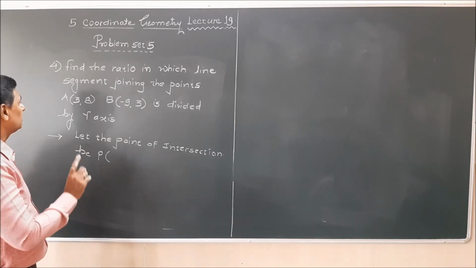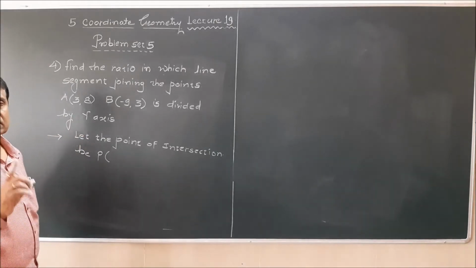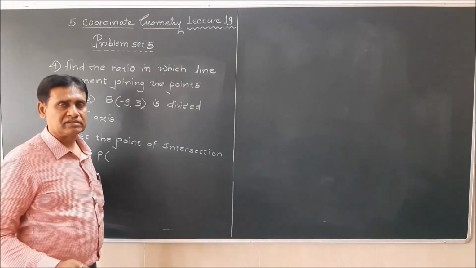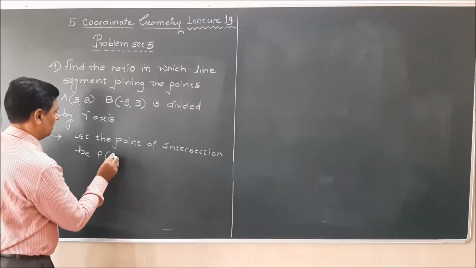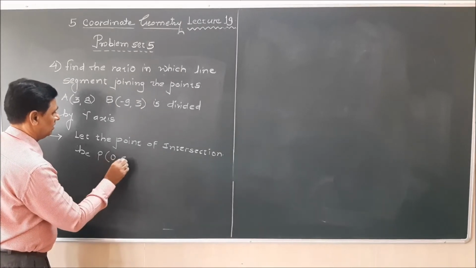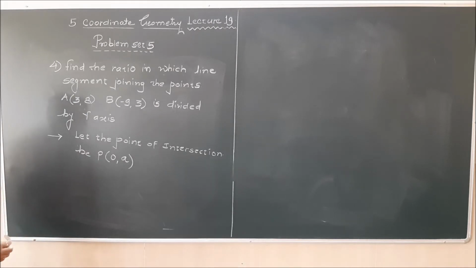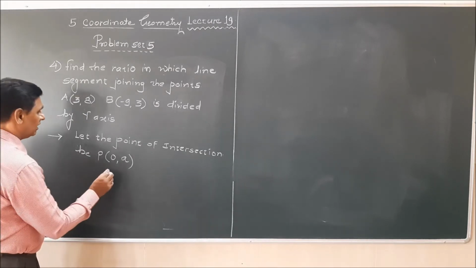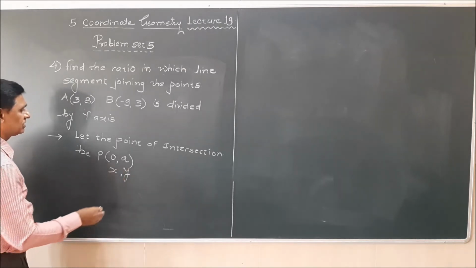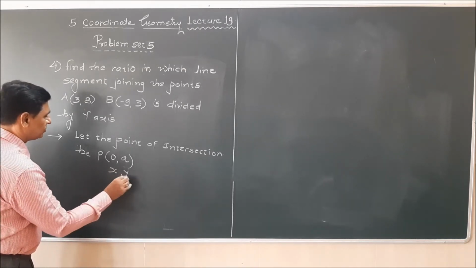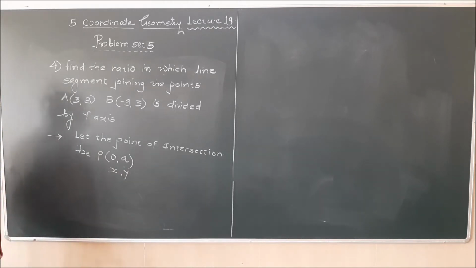This point is lying on the y-axis. Any point which lies on the y-axis, its x-coordinate is 0. So I have taken this point as (0, a). And if I label it as x and y, I label this point P (0, a) as (x, y).